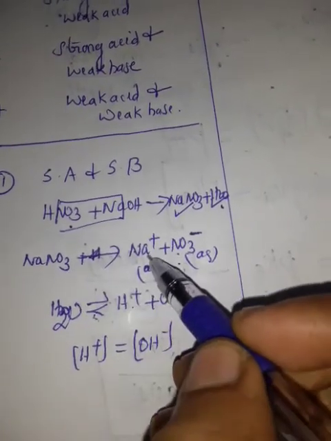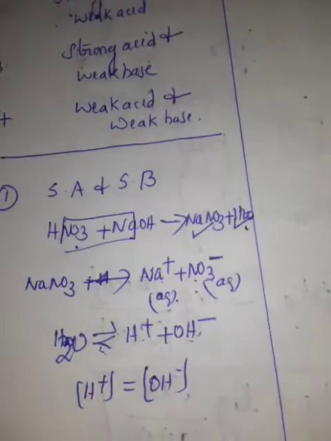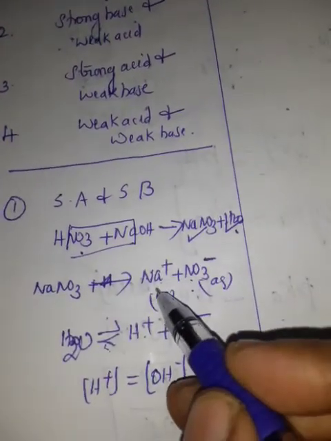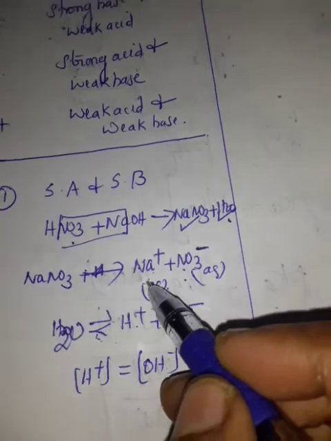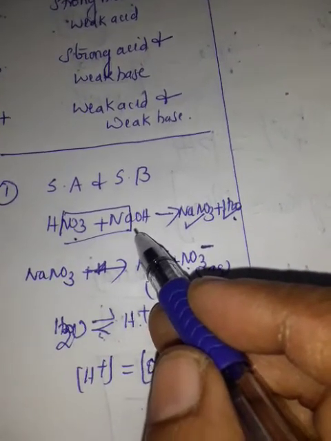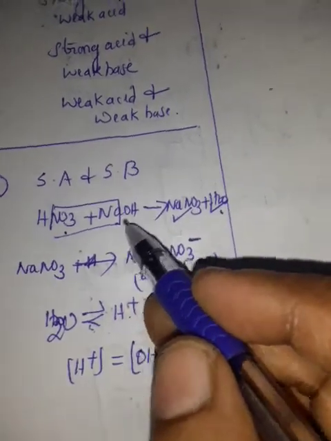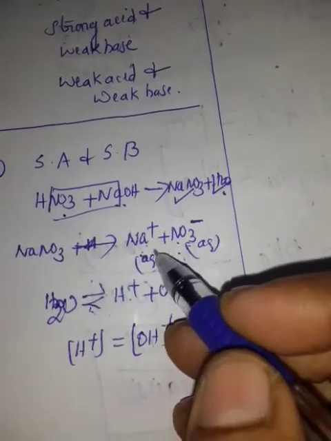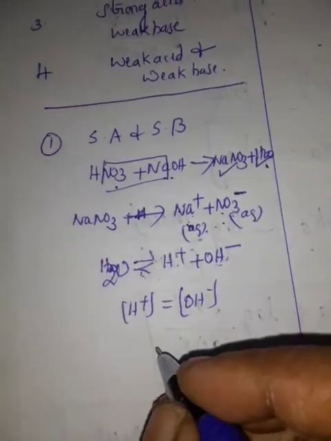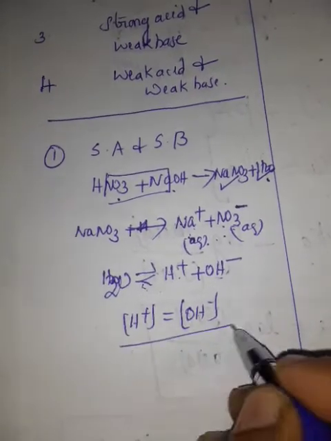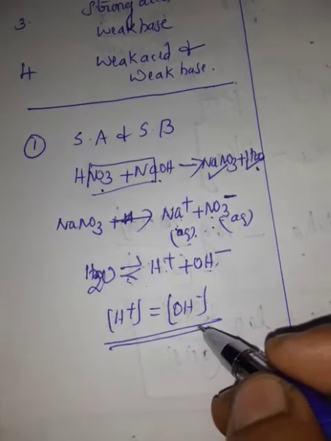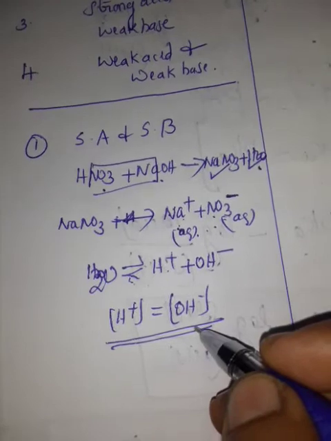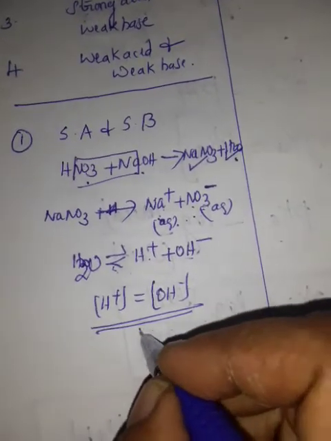Similarly, Na+ is the conjugate acid of the strong base NaOH, and it also has no tendency to react with OH-. So here there is no hydrolysis. In such a case, H+ concentration equals OH- concentration, so pH is maintained and the solution is neutral.